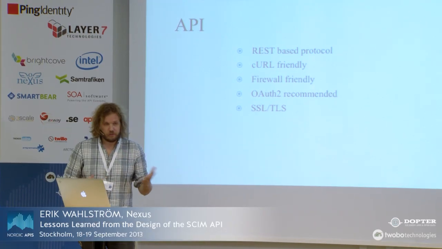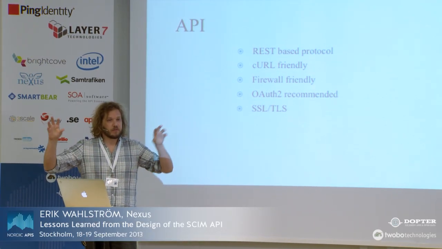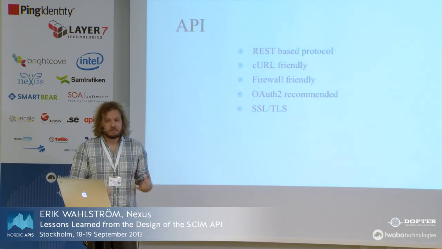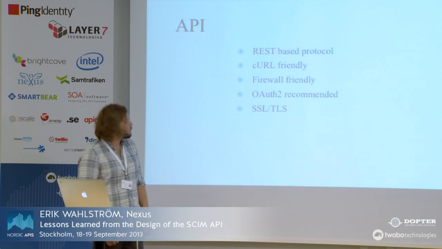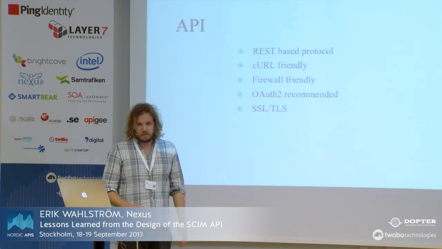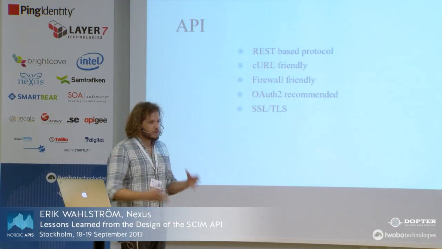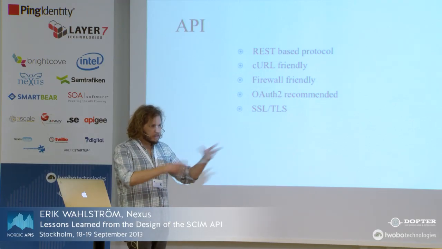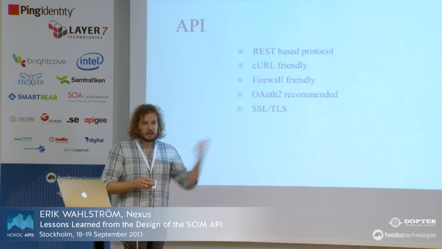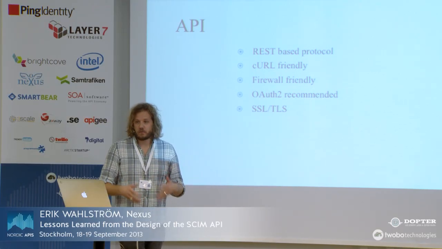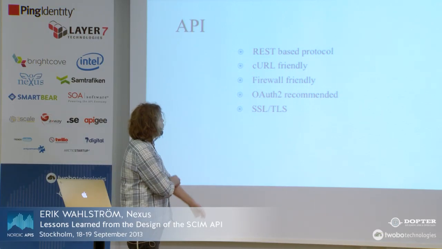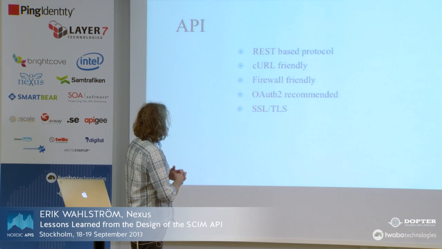We tried to make it curl-friendly, because when you have different enterprises talking to each other, it's pretty hard to phone up Microsoft and ask them, how does it really look like? So it has to be easy to test from the command line: get a user, how does it look like? You don't want to program everything to have a go at an API.